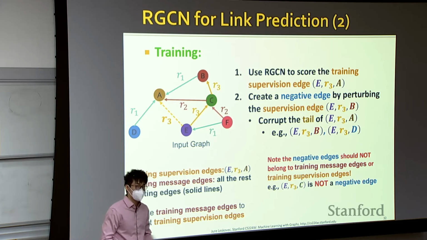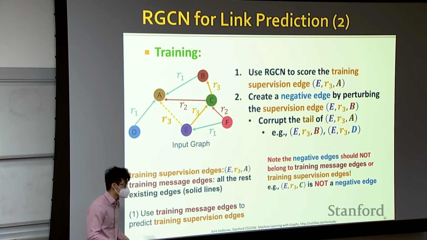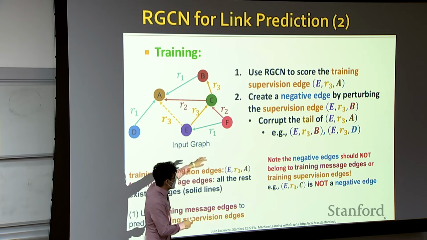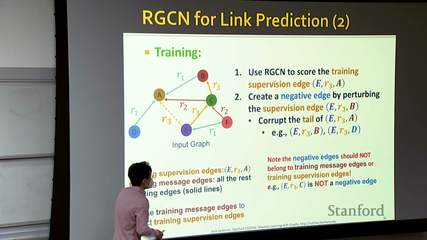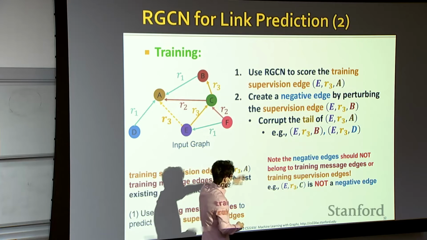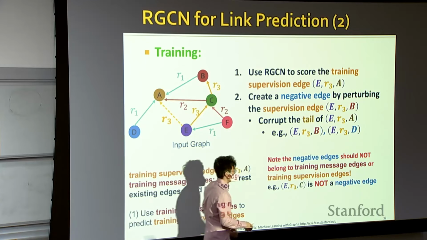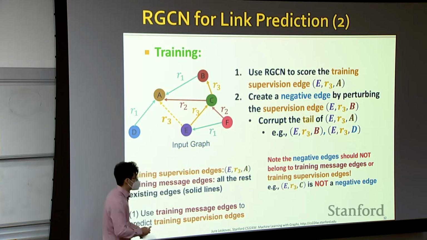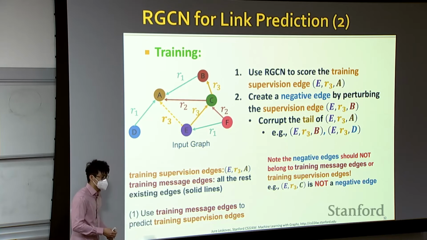Question? So are we using negative sampling for the negative edges, or do we just choose them using another strategy? I see. So the question is how to understand negative sampling and these negative edges? Is this the question? Yeah. So that's a good point. I wouldn't think that these two notions are very different. Here, the idea of negative edges is just to manually construct some edges that do not exist in the network.